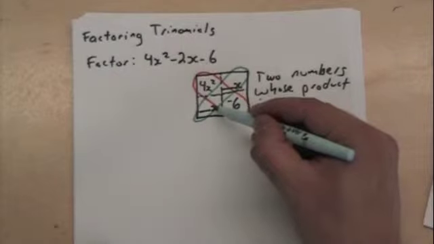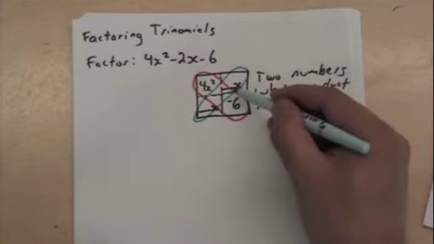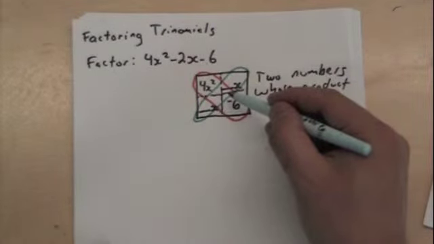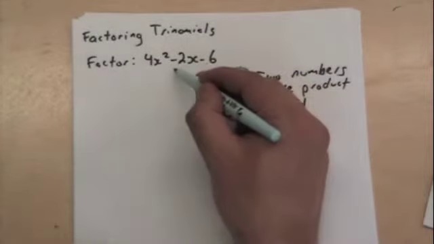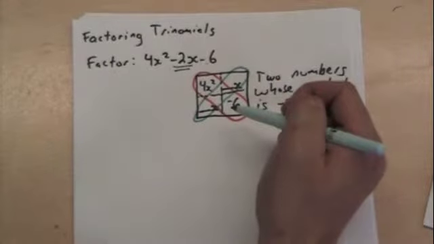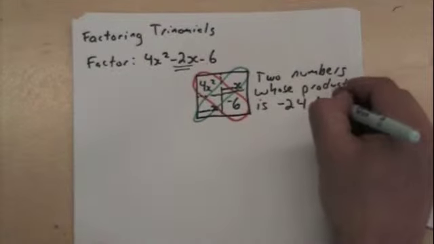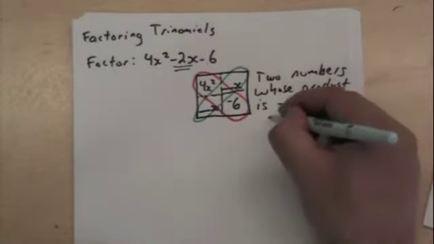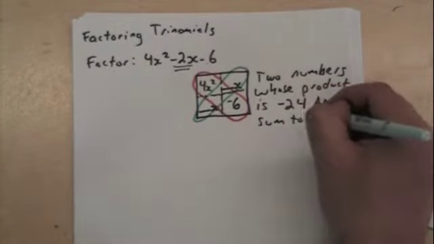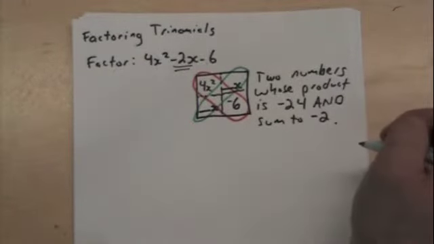Well, we know that these are our x's. So our total number of x's here is right here, our negative 2x. So we need to also know that the two numbers sum to negative 2.